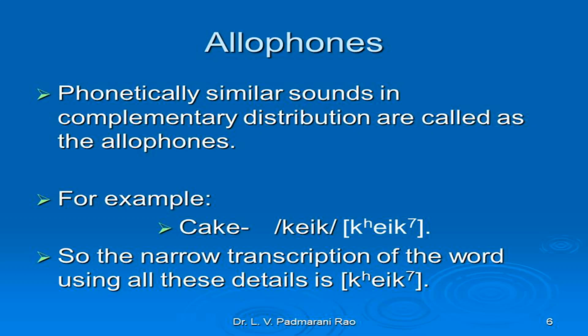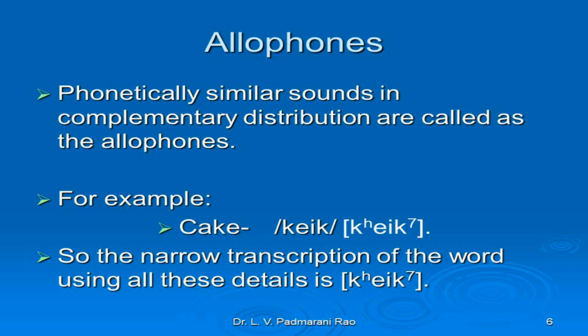K-I-N-G is pronounced as king, with a slight h sound that you could see in the pronunciation of the k sound. Now, this phenomenon is applied only to the sounds p, t, k, when they occur in the initial position of the accented syllable.